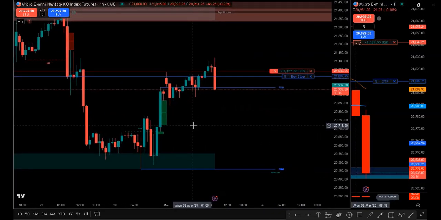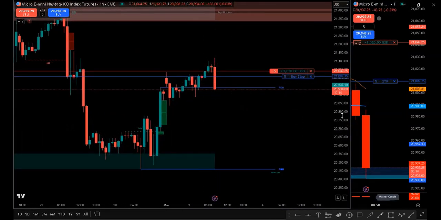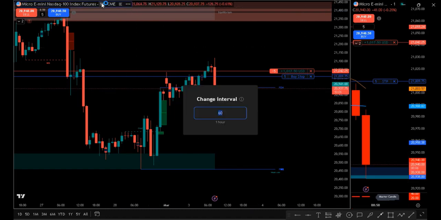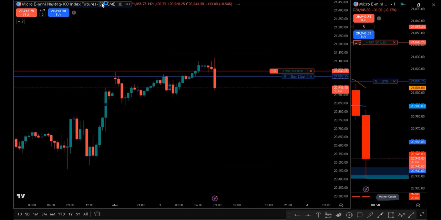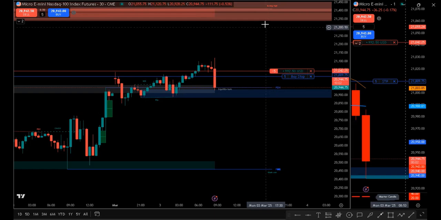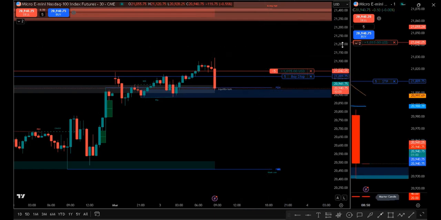Okay, we got price back down here in this support zone. Let's see if we can get a break this time through. The 30-minute chart is looking similar to the 1 hour. We're still at the support area.